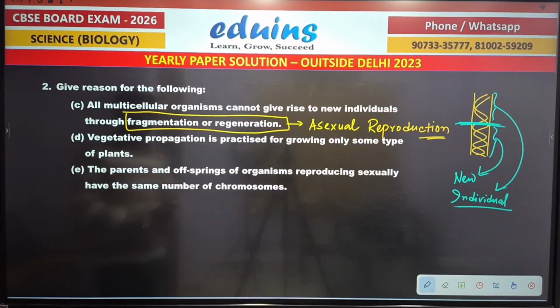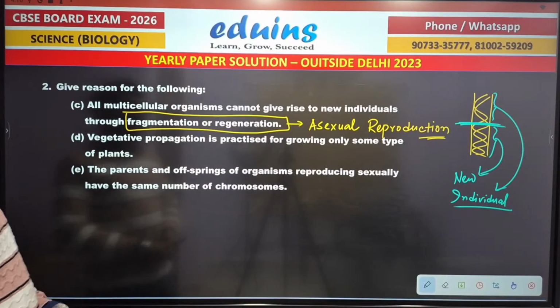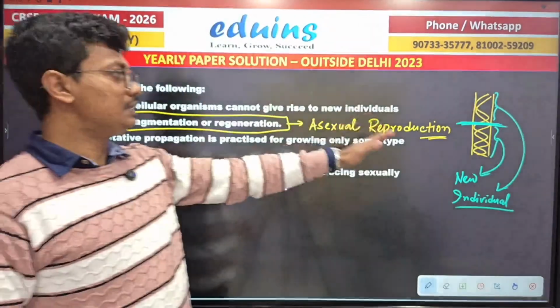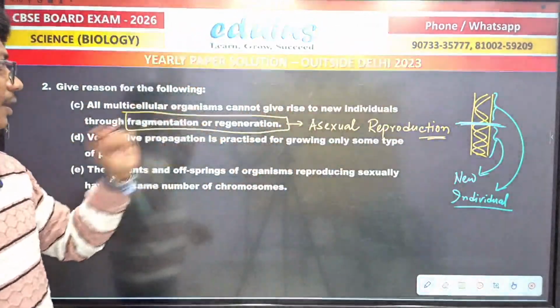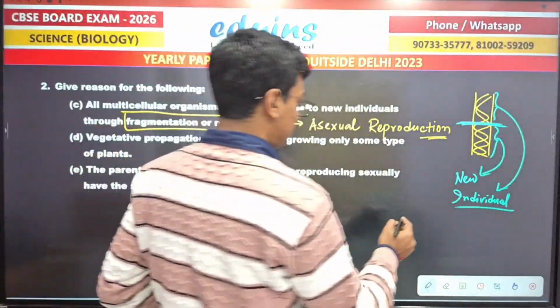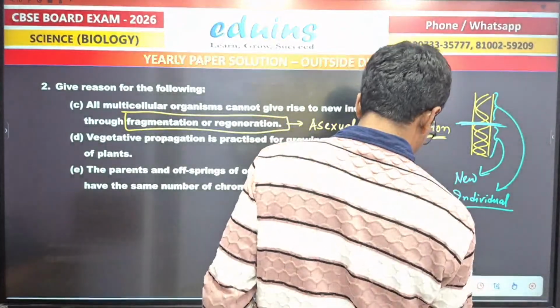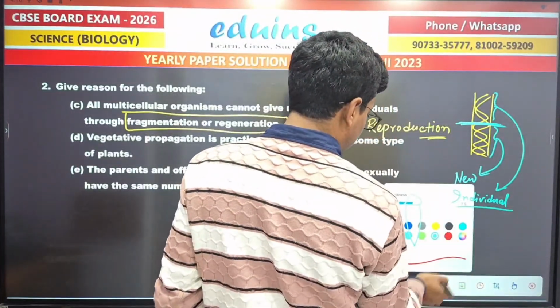Although, all multicellular organisms cannot give rise to new individuals through fragmentation and regeneration. Fragmentation occurs in the case of Spirogyra, and regeneration takes place in Planaria. What happens to Planaria?